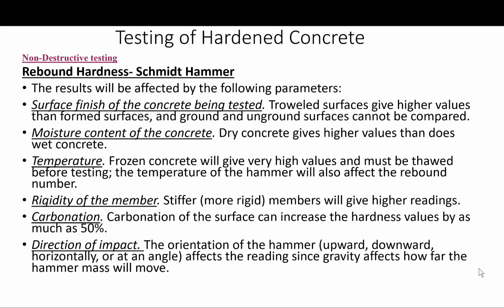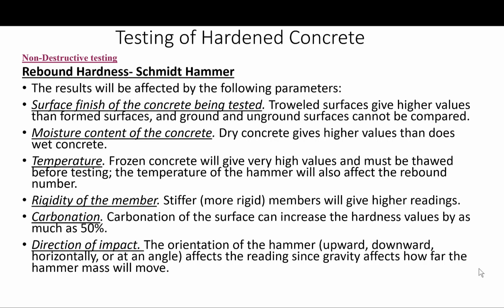Second is the moisture content of the concrete. Dry concrete gives higher values than wet concrete. Temperature: frozen concrete will give very high values and must be thawed before testing. The temperature of the hammer will also affect the rebound number. Keep that in mind.